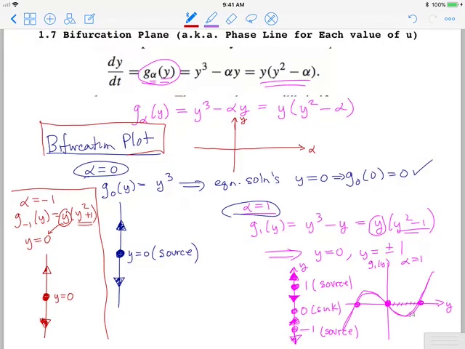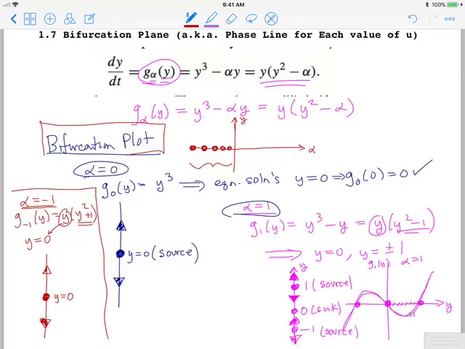We can see here that our examples say that when alpha is negative, in this case it was negative 1, but anytime alpha is negative, you're going to have an equilibrium, but only one of them. So each time there's only one equilibrium, a whole line of them.